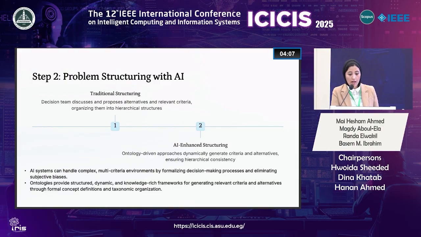The AI-enhanced technique could be ontology-driven approaches. It can dynamically generate criteria and alternatives in a hierarchical and consistent framework. This increases the dynamism, and it's a knowledge-rich framework for generating relevant criteria and alternatives.